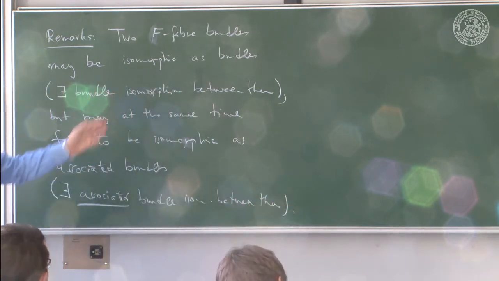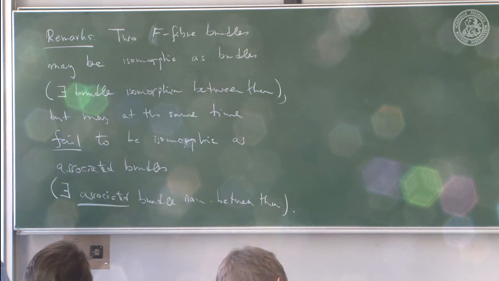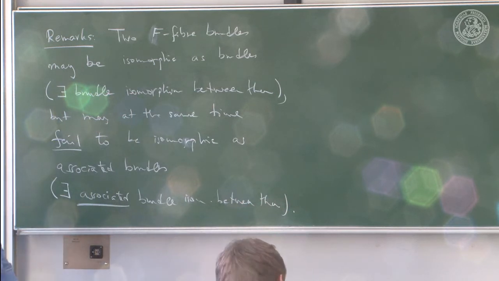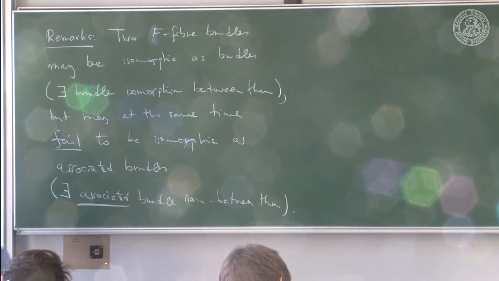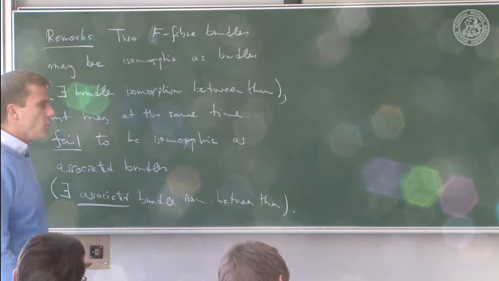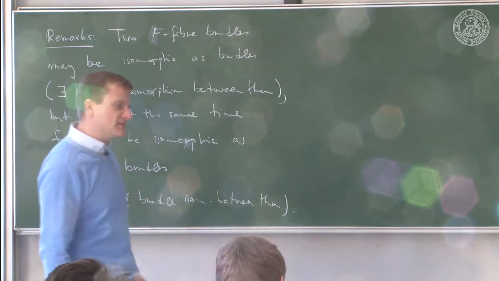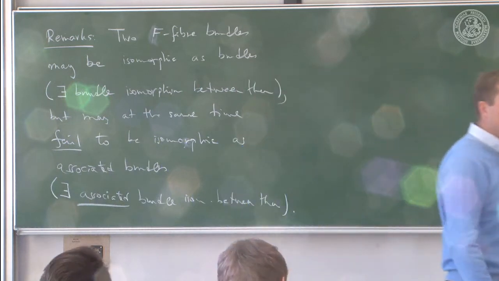And that's the whole point of the previous definition. There are fiber bundles, these associated bundles. They're F-fiber bundles, but two fiber bundles that as bundles are the same are not necessarily the same as associated fiber bundles. Okay? Because there's more structure. So if this wasn't the case, then the definition would be vacuous.